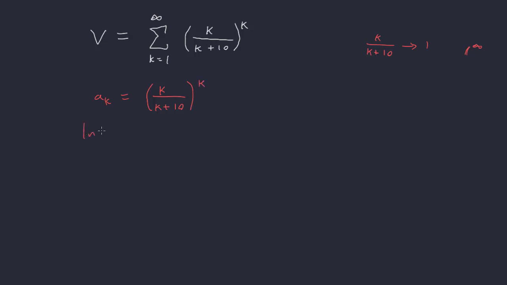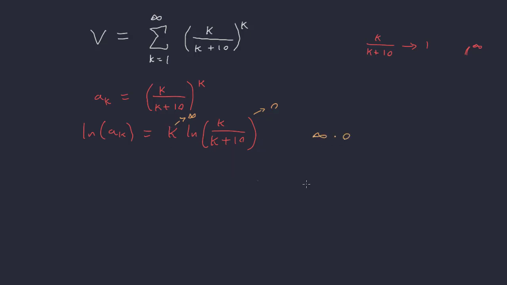I'm going to take the natural log of both sides, and I'm going to jump a step here just because we've done this a lot. So what's going on here is as k goes to infinity, this piece goes to infinity, this goes to 1, so that means ln is going to 0. So this is infinity times 0. So that's still an indeterminate form.